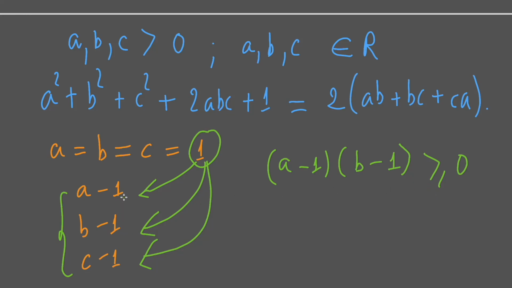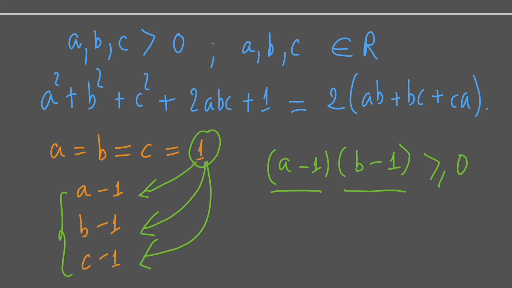Another case: if a minus 1 is greater than 0 and b minus 1 is smaller than 0, c minus 1 can be greater or smaller than 0, but when you multiply it with b minus 1 or a minus 1, we always find one product of two of these expressions greater or equal than 0.